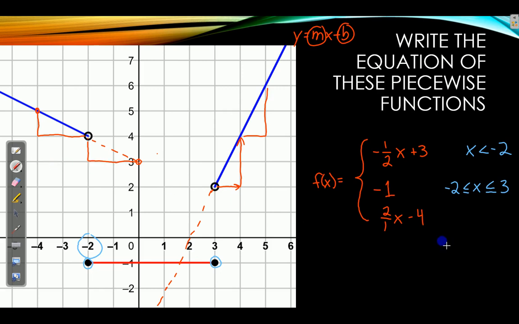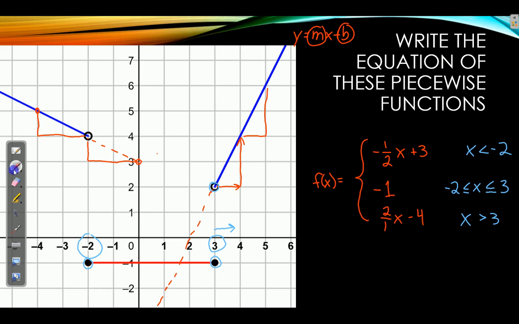We need our last domain. We are using this one everywhere from 3 and to the right. So to say 3 and to the right, those are all numbers that are bigger than 3. And again, we don't have the equal sign because this has an open dot on this graph. So those are the 3 piecewise equations there that make up this piecewise graph.